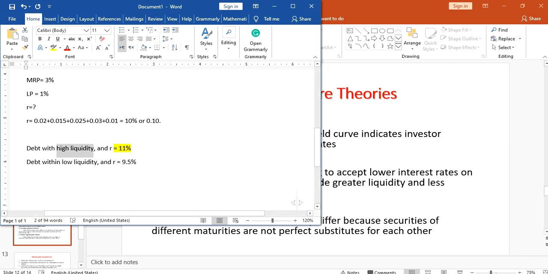So they are willing to pay a higher rate when the debt security has high liquidity. You may wonder why liquidity, because it's a debt and you are paying it back. No, the US debts, you can sell it in the market before the maturity.